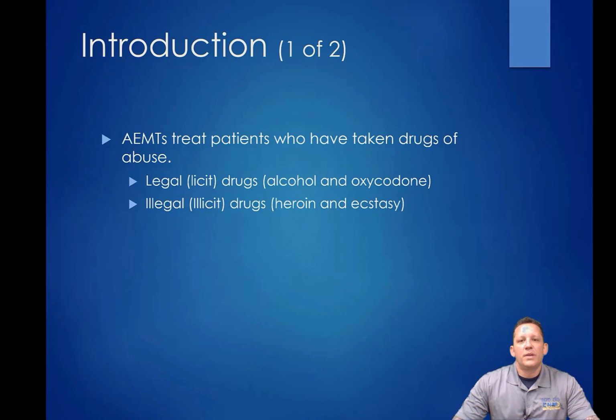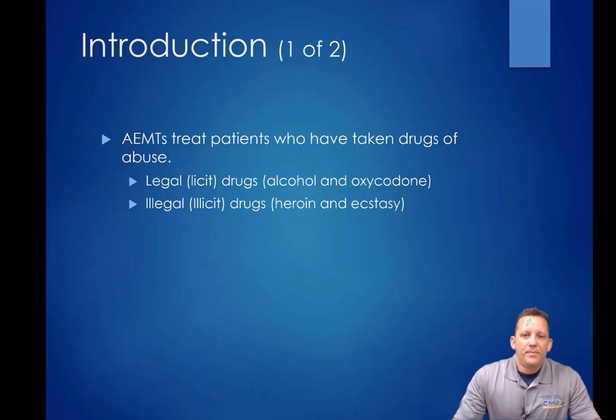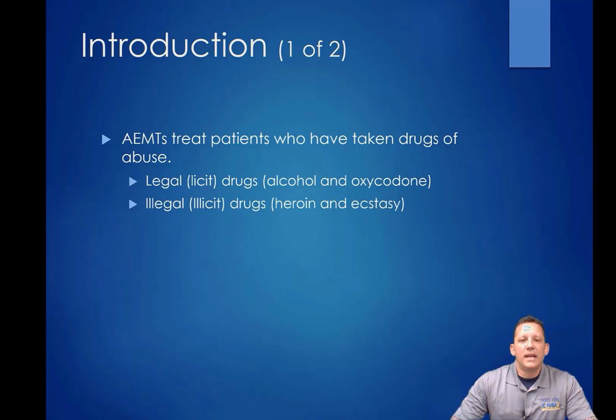AEMTs can treat patients who have taken drugs or have a drug abuse problem, drugs being illicit or licit. Illicit means non-legal and licit means legal. Even that is a bit of a paradigm, because we can have legal drugs that are illegally obtained.